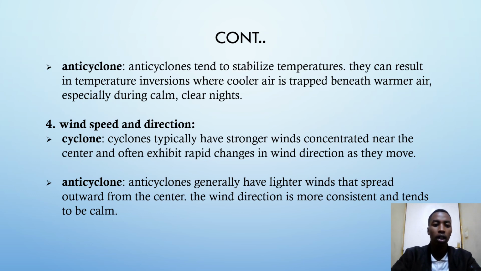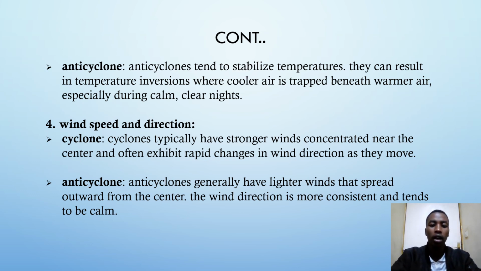The fourth difference is wind speed and direction. Let me start with cyclones. Cyclones typically have stronger winds concentrated near the center and often exhibit rapid changes in wind direction as they move.